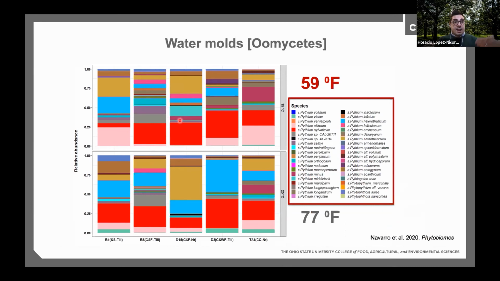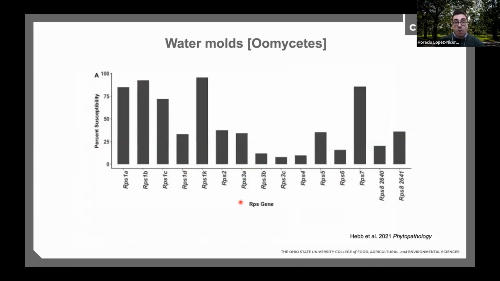So if it's a cooler temperature, that will benefit certain species, and when you have warmer temperature, others will be more prevalent. In other words, we have no choice but to deal with an array of different water molds that we need to take care of. Moreover, some of these isolates are able to reproduce on our sources of resistance.